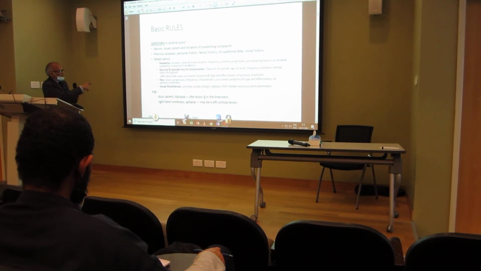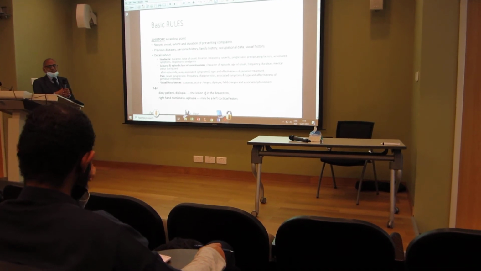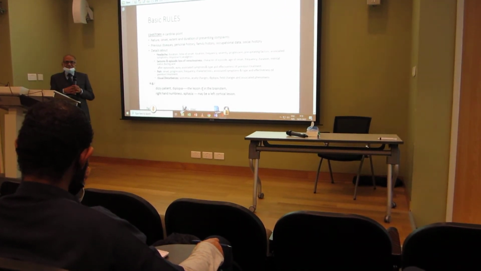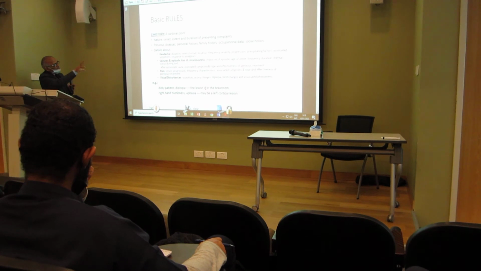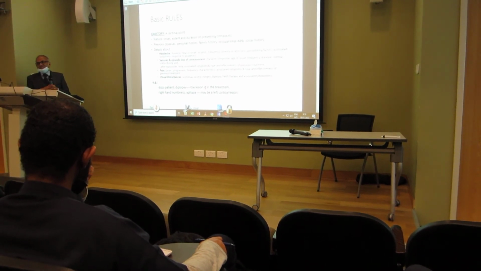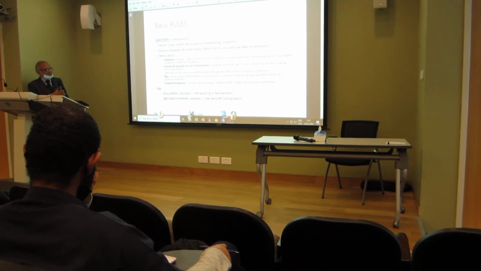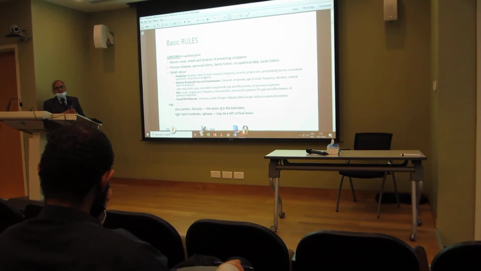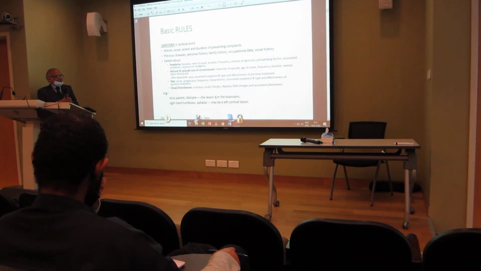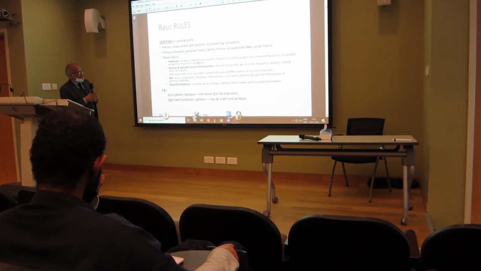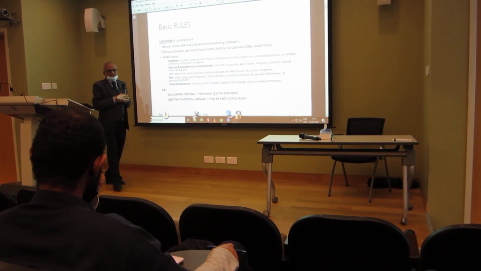We have, for example, a dizzy patient with a complaint of double vision. So when we check it, we discuss and we recall our knowledge, the lesion can be in the brain stem. Then right hand numbness, aphasia, may be a cortical lesion.